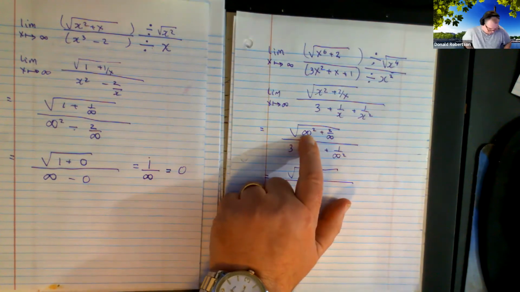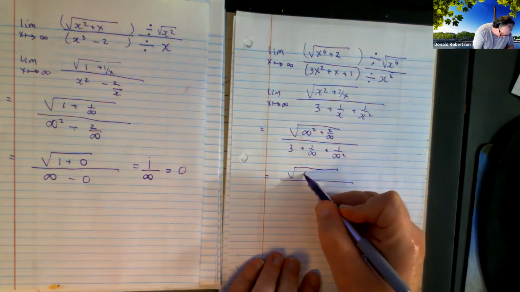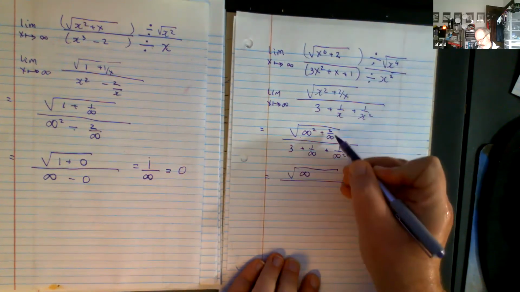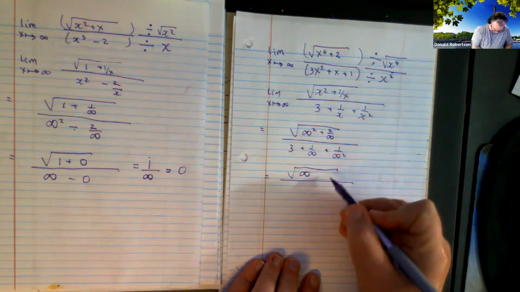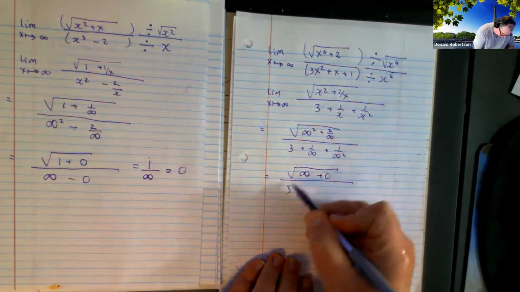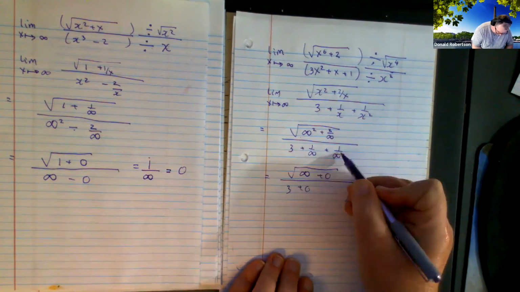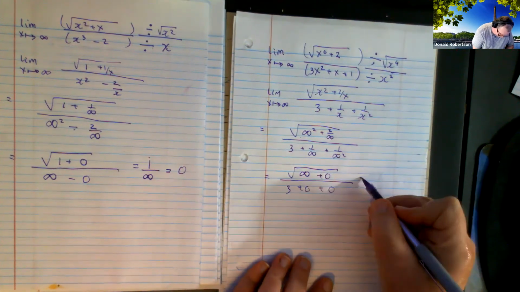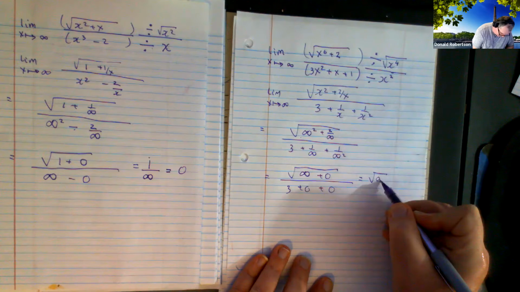Infinity squared is still infinitely big, whereas 2 divided by infinity is 0. 1 over infinity is 0, and 1 over infinity squared is 0. So I have the square root of infinity on the top over 3.